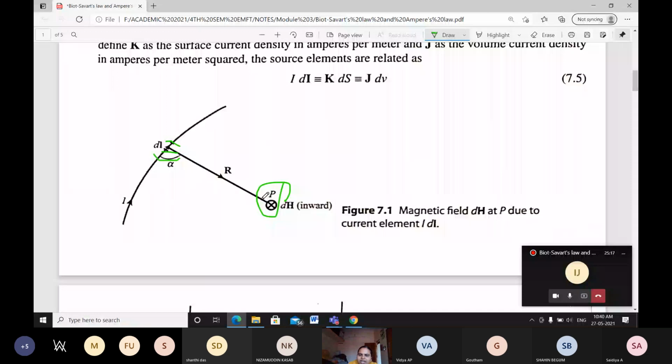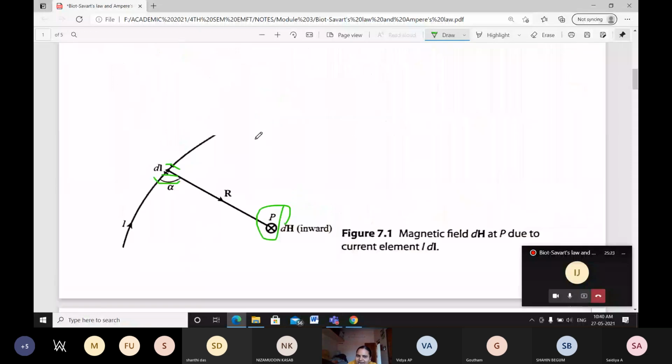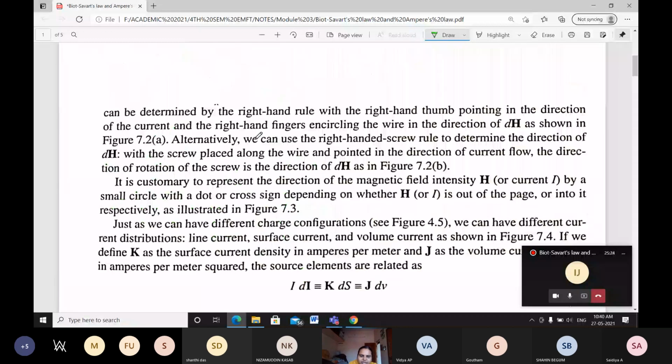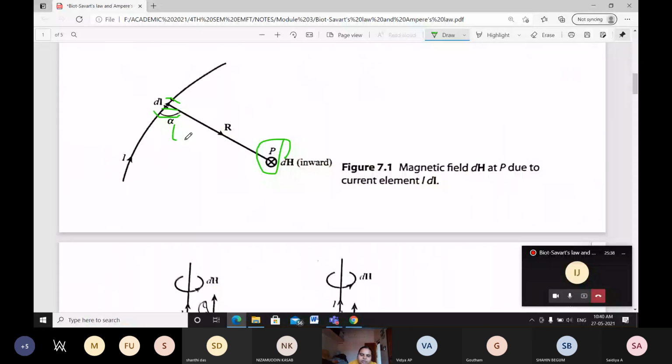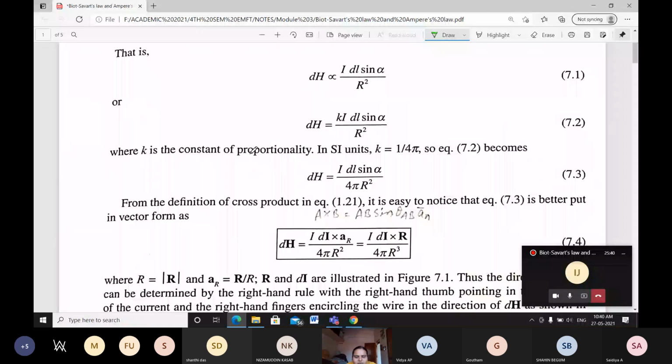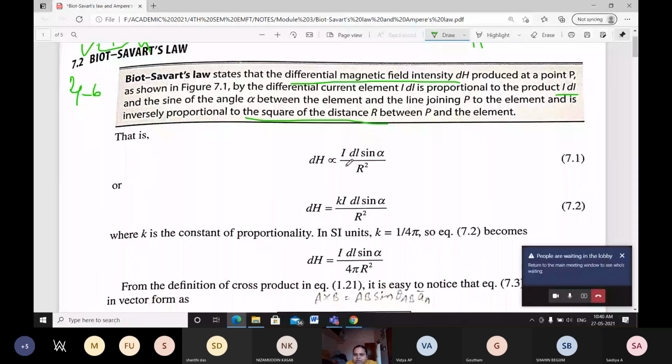It is inversely proportional to the square of the distance between P and the element. It is almost similar to what we learnt about Coulomb's law, but that was for point charges. Here the magnetic field is generated based on the current. You should remember that. If you are able to remember the concept, then you can understand the equations easily.